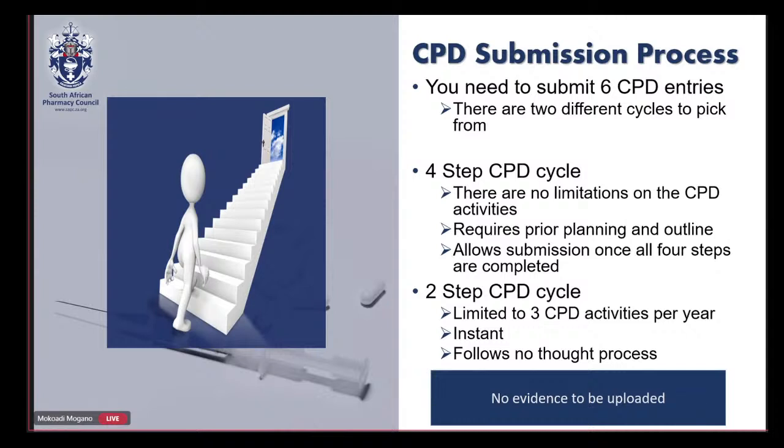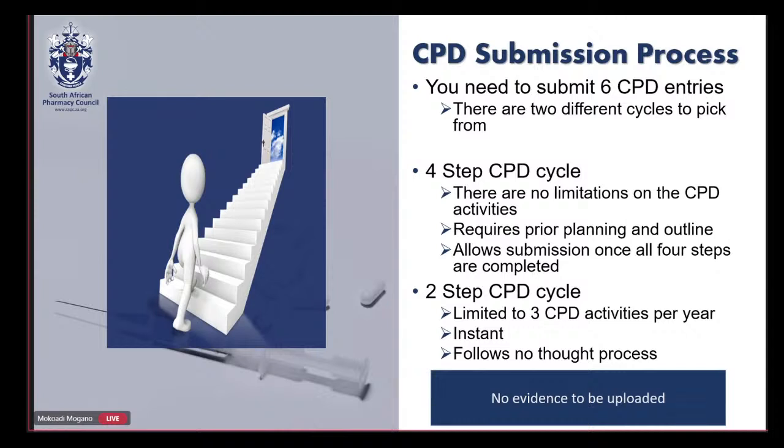And you also have the 2-step CPD cycle, because sometimes we do learn in a passive manner where we do not necessarily plan that we're going to learn a particular thing in the workplace, but sometimes we get opportunities to learn that are unplanned.